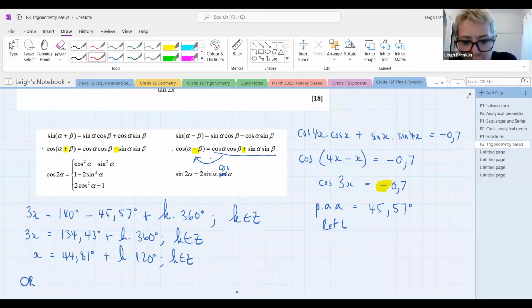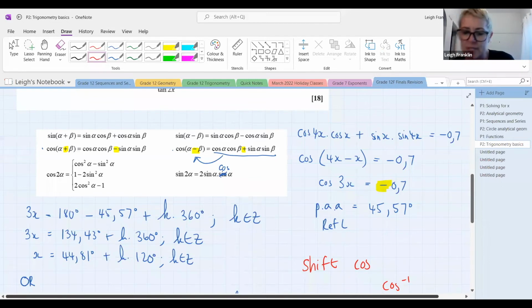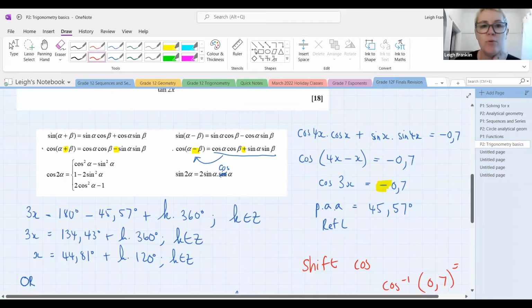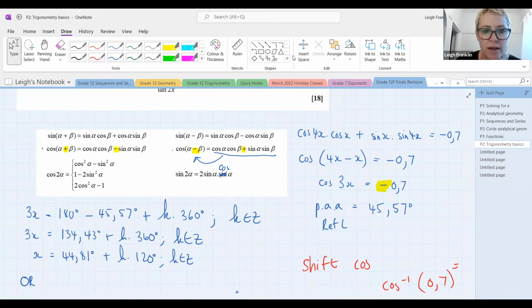So you're going to press Shift, cos, and then it's going to look like this on your calculator. And then you're going to put in 0.7 and you're going to press equals. What do you get? Thank you, ma'am. Got it. There we go. Okay, Vanolo, I'm glad we were able to help you sort that out.